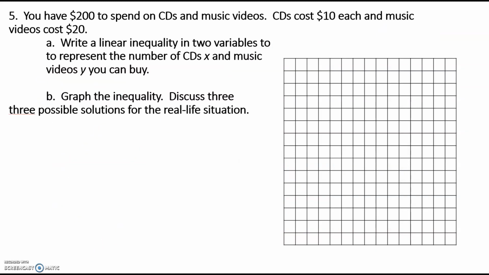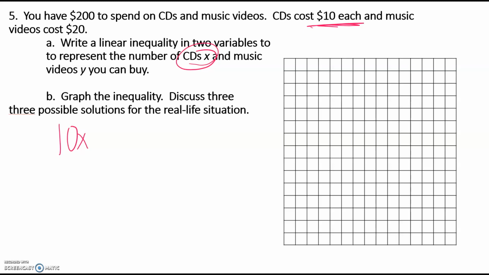Okay, last one. You have $200 to spend on CDs and music videos. CDs cost $10 each and music videos cost $20. Write a linear inequality in 2 variables to represent the number of CDs, X, and music DVDs, Y, you can buy. Okay, so my CDs are $10 each, and that's 10x, because we're representing CDs with x.